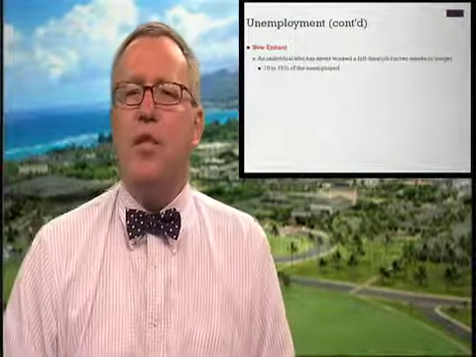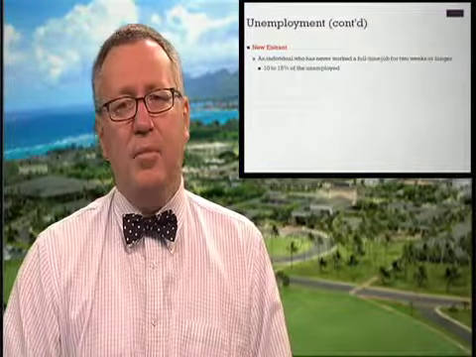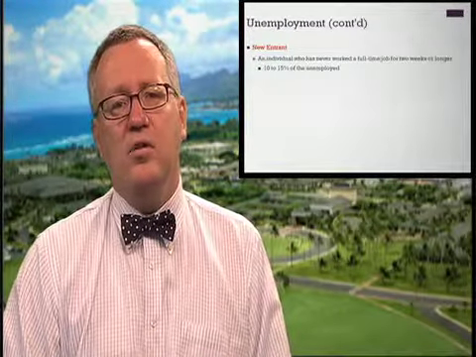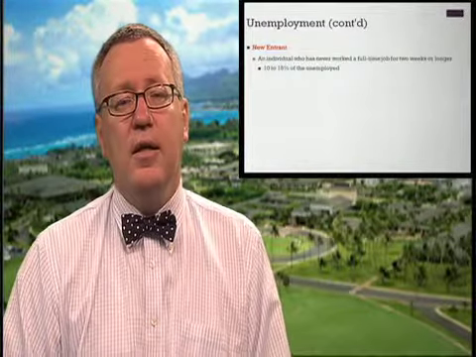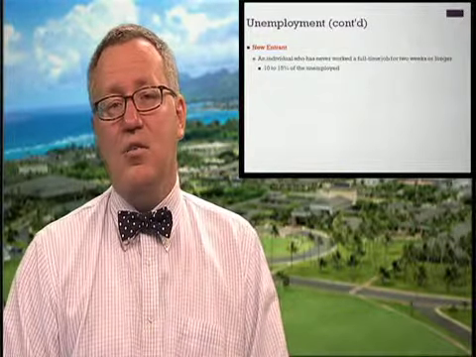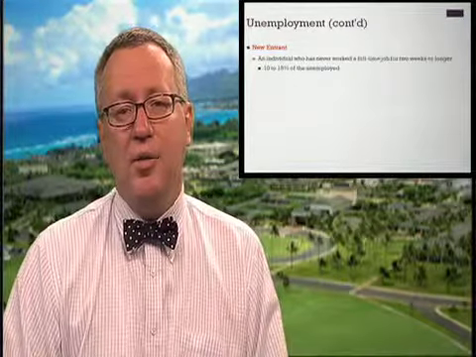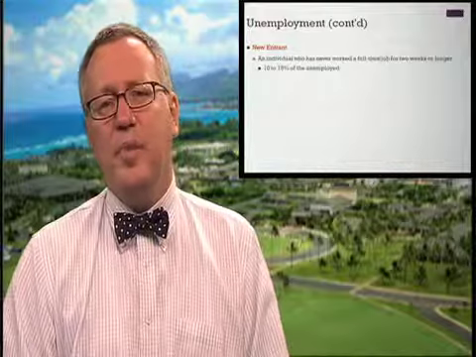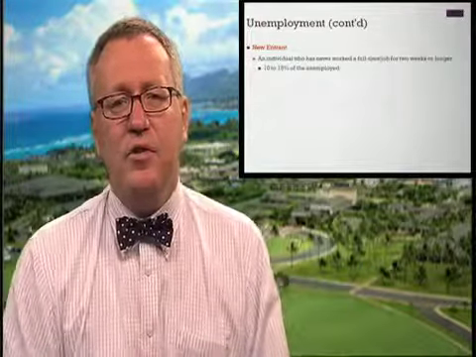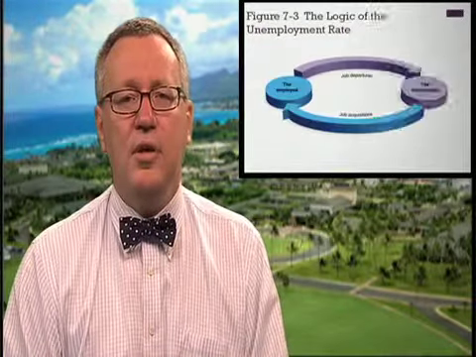So a lot of reasons why this happens. Perhaps somebody has just gotten out of college and they're now looking for a job, so they're a new entrant into the market. Somebody who just turned 16, so now they're counted as an adult for economic purposes, and they're trying to enter the job market. Those would be new entrants, and they account for 10 to 15% of the total unemployed.